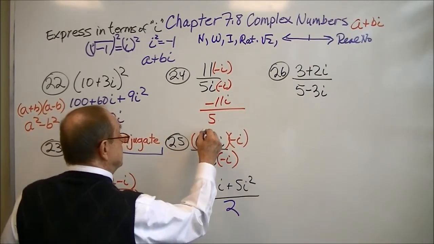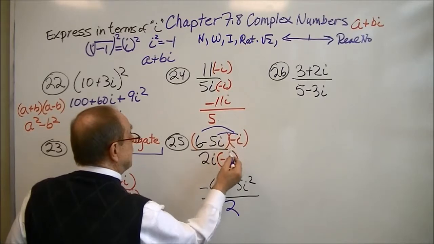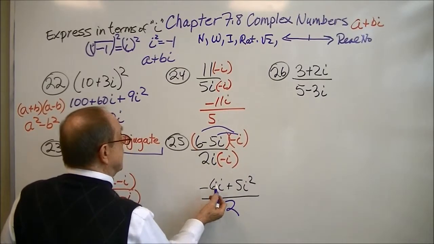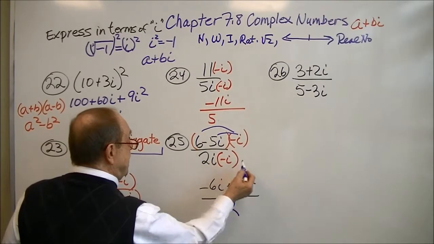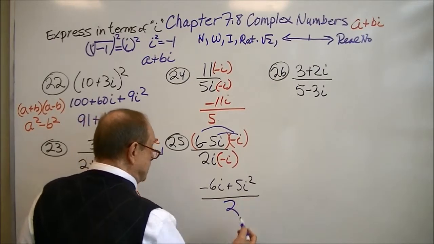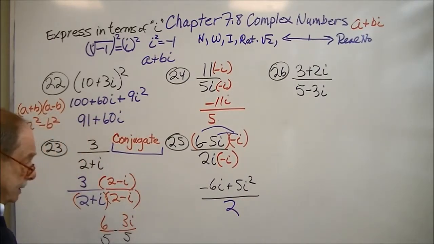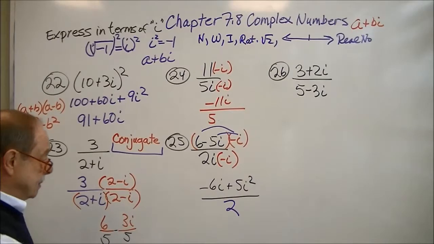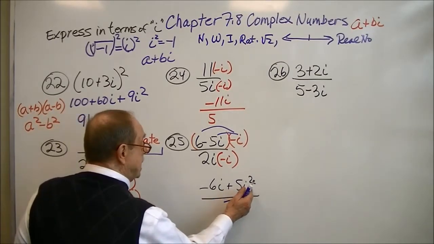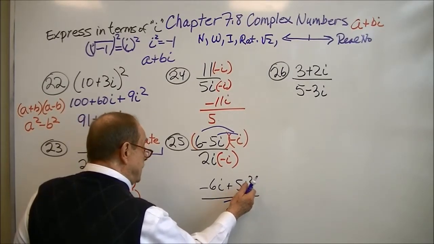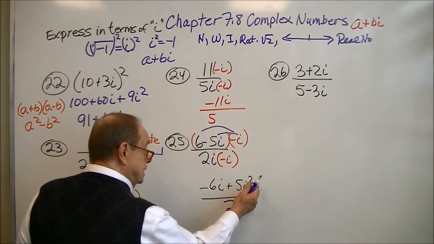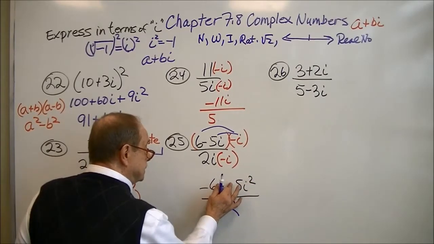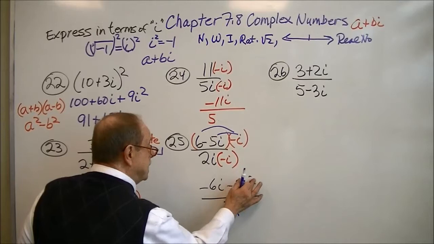Now, when I distributed this, I got a negative 6i and a positive 5i squared. But that's not in standard form, and we can't leave that positive i squared there. i squared is a negative 1, so this is going to become a negative 5.